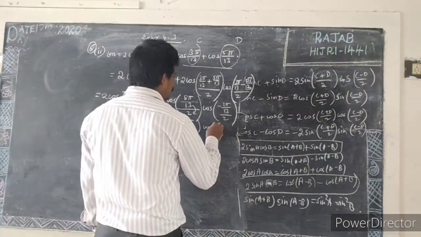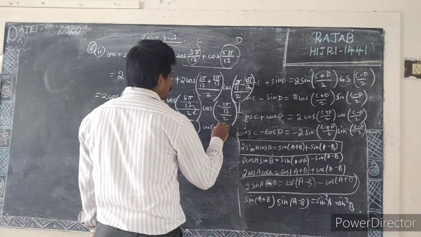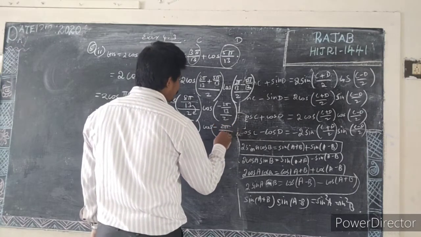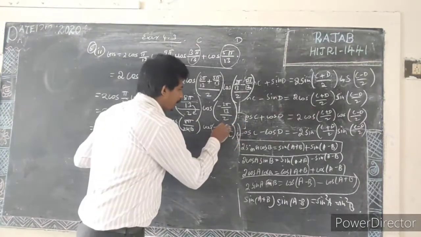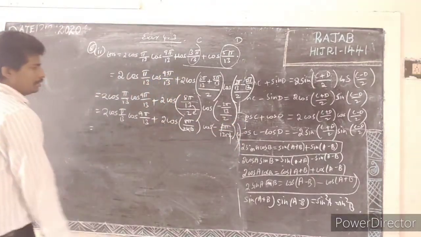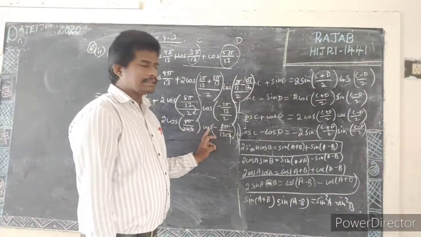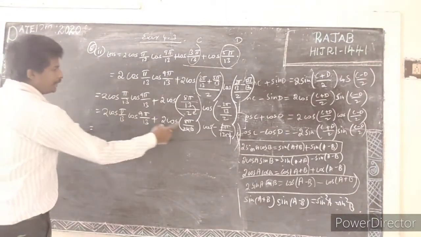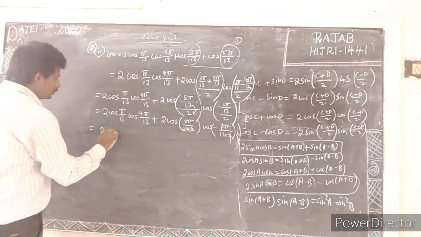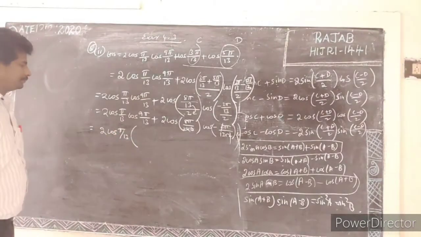Here cos of minus 2 pi by 13 into 2. See, 2 will get cancelled. So by using the result, cos of minus theta equal to cos theta, it will become cos pi by 13. So from these two terms we can take 2 cos pi by 13 as a common factor.